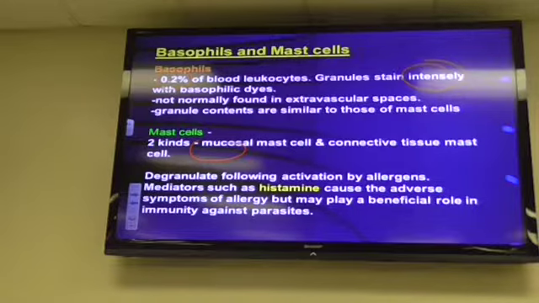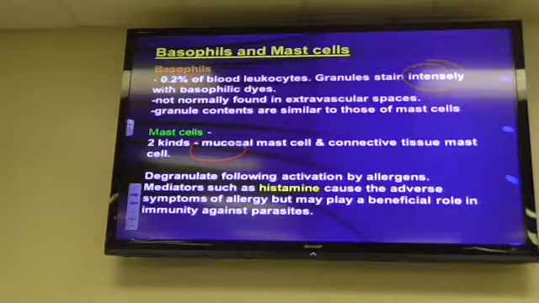But how do they act against the parasites? Say, for example, if there is a roundworm in the intestines of a dog, mast cells do recognize these parasites, come to the site, and then release their granules. Their granules contain histamine. How does histamine act in the intestines?